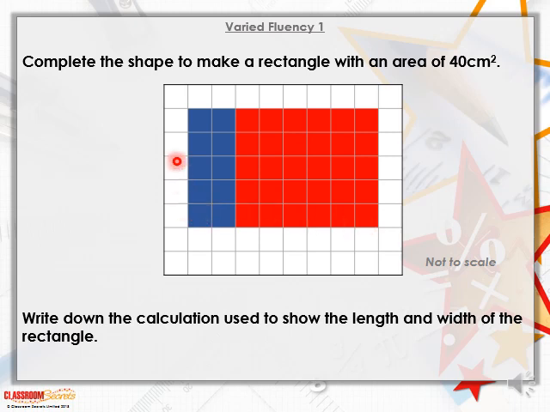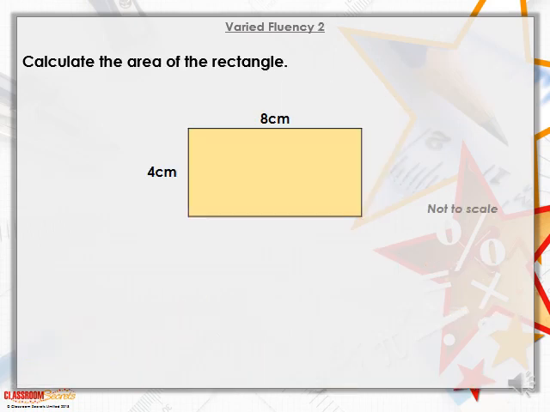So if we were going to calculate the area of this shape using the formula we learnt earlier, length times width, we would be doing 8 times by 5, which would give us 40. So we needed 30 more squares to be shaded.